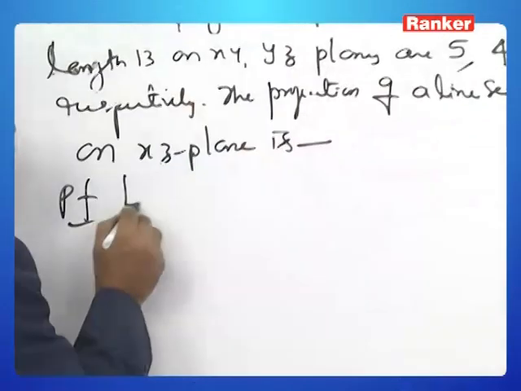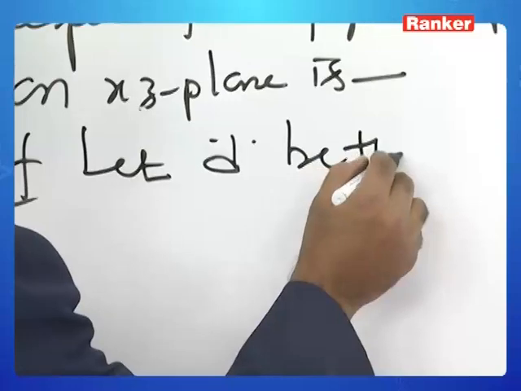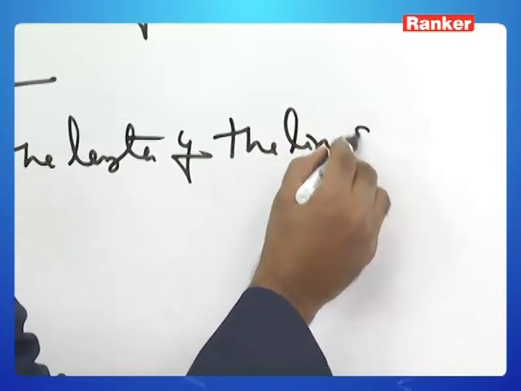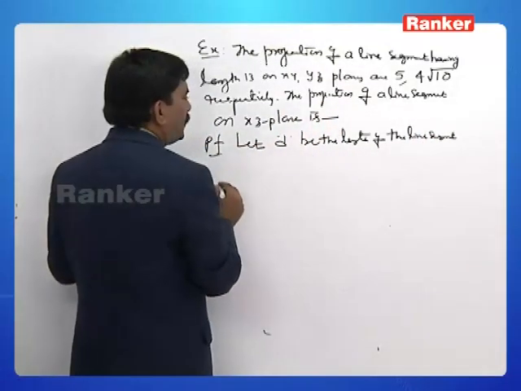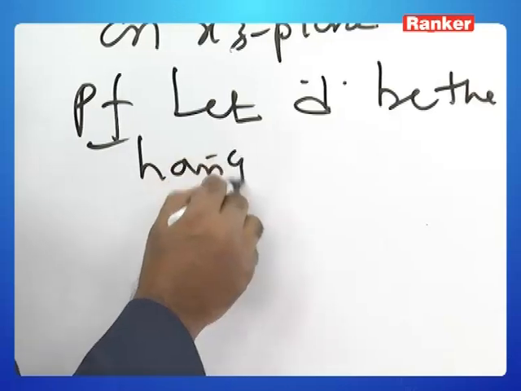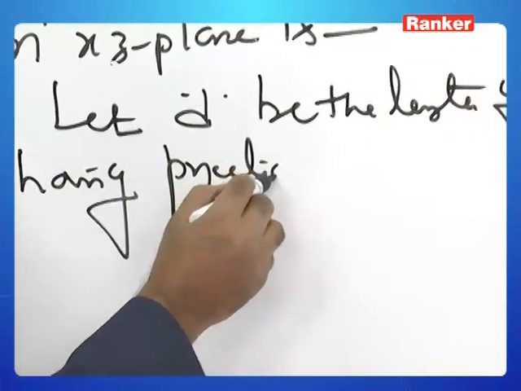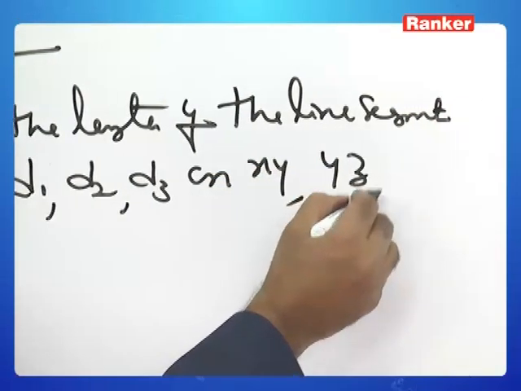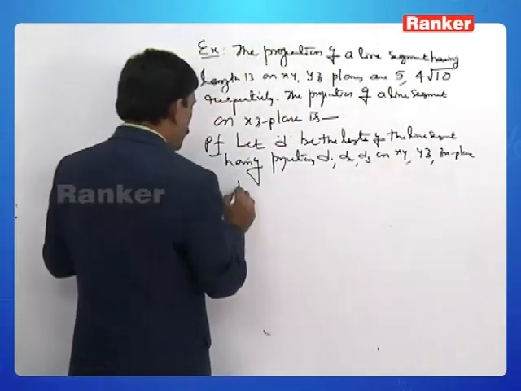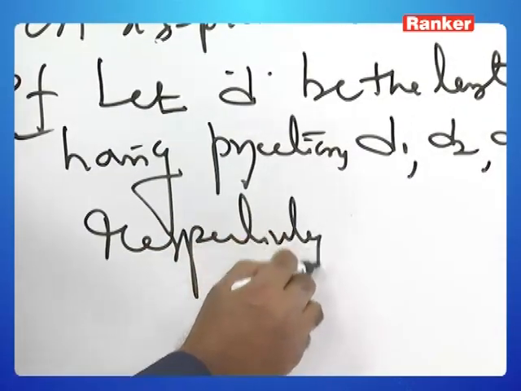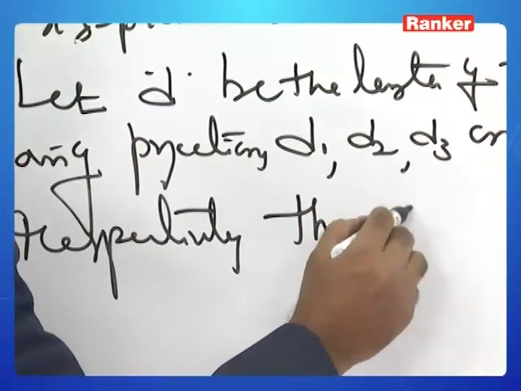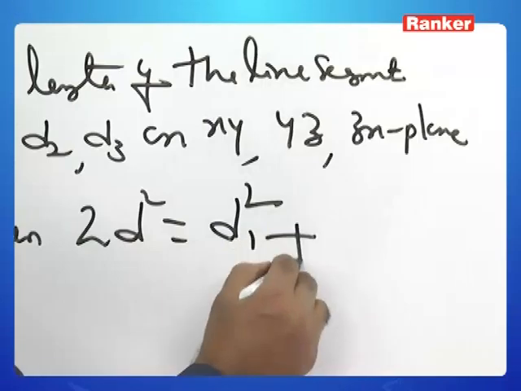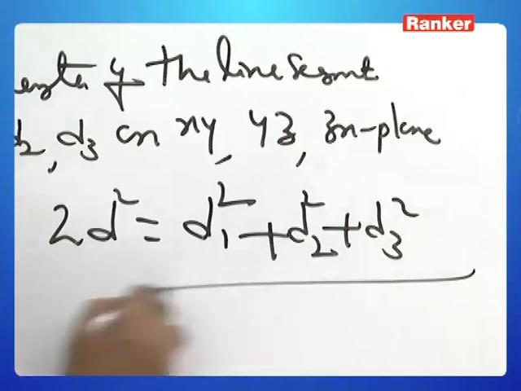Now we know that, let d be the length of the line segment having projections d1, d2, d3 on the xy, yz and zx planes respectively, then 2d squared is equal to d1 square plus d2 square plus d3 square.